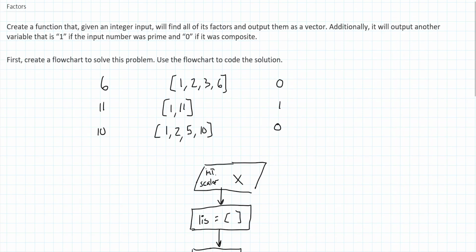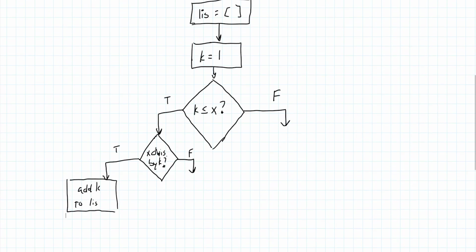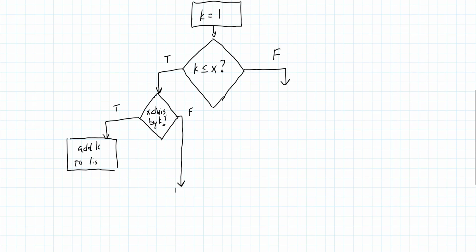We just went on to the next statement. So if it's false, there's really nothing to do, but there is another step. We add k to the list when it's true. If it's false, we don't want to add k to the list. But either way, we're going to increment, and we want the next k.